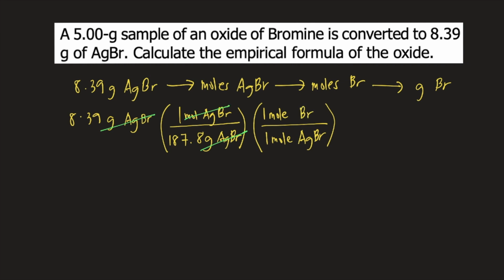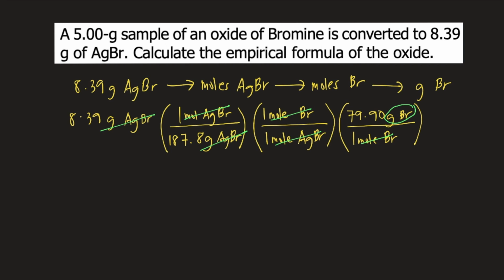So the moles of AgBr will cancel. We are left with moles of Br. Finally, we need to convert moles of Br to grams of Br. So we need the molar mass of Br. 1 mole of Br weighs 79.90 grams of Br. So the moles of Br will cancel. We are left with grams of Br on top.